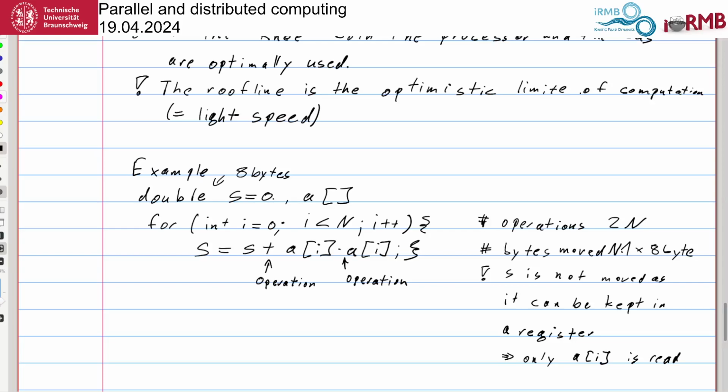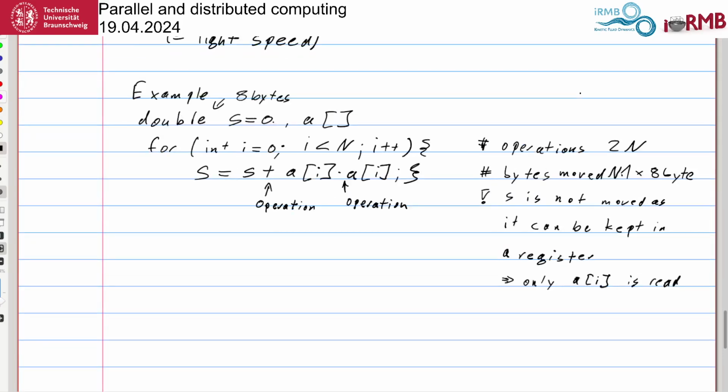So our computational intensity, the I of this loop, is 2n flop divided by 8n bytes. So you see we can cancel the n and we end up with 1/4 flop per byte.